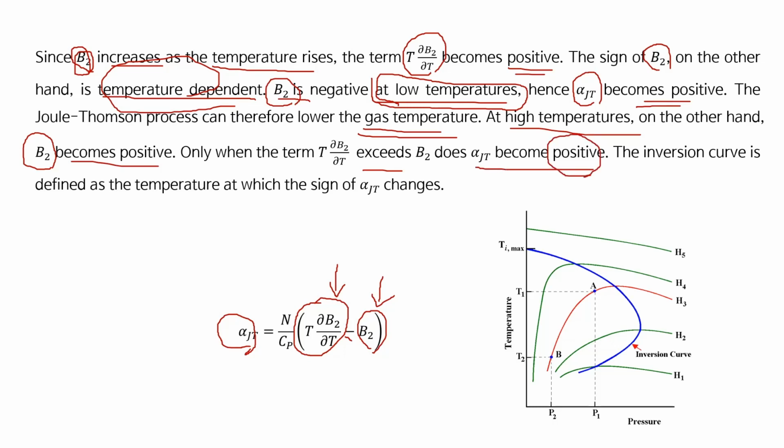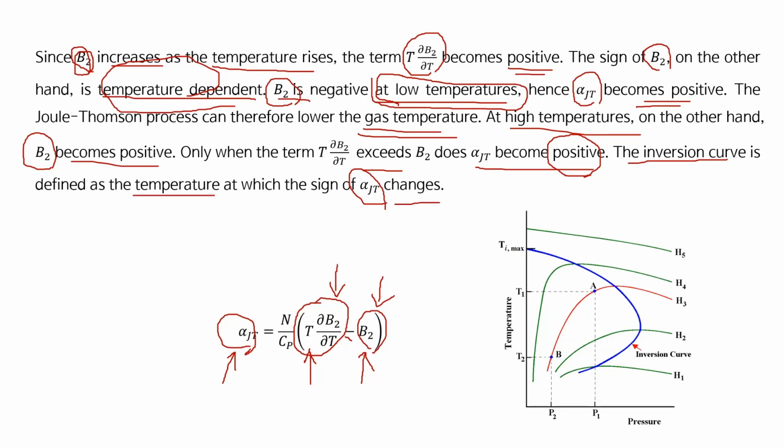Otherwise, alpha JT becomes negative. So in order for alpha JT to be positive, this term should be larger than B2. Okay. So the inversion curve is defined as the temperature at which the sign of alpha JT changes.